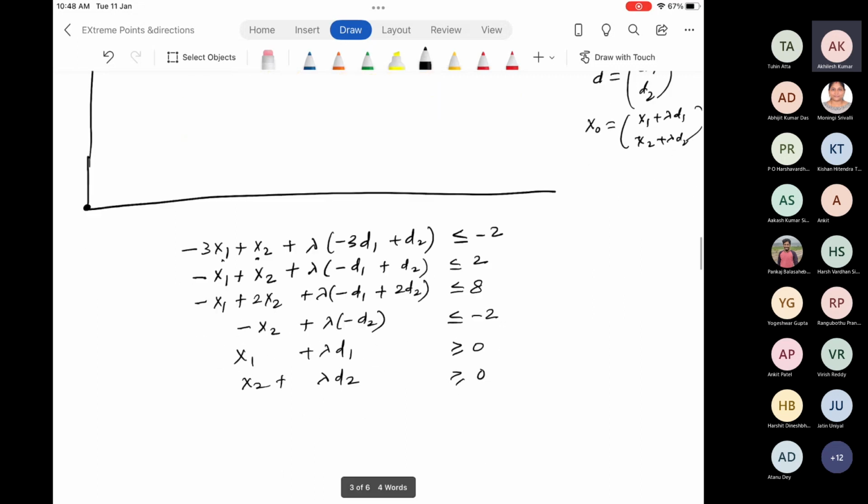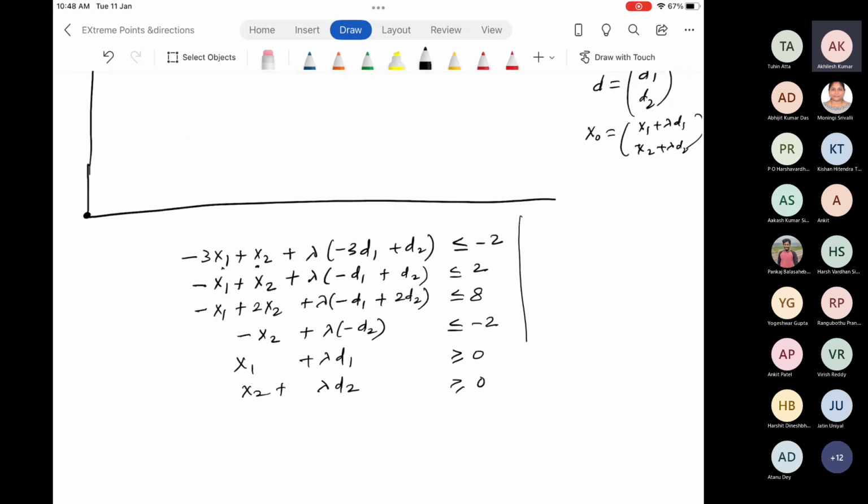Now from here, we need to find equations in d1 and d2 to find d1 and d2. Tell me, how do we do that? Our x plus lambda d should belong to S. What can I say about this component in this equation?